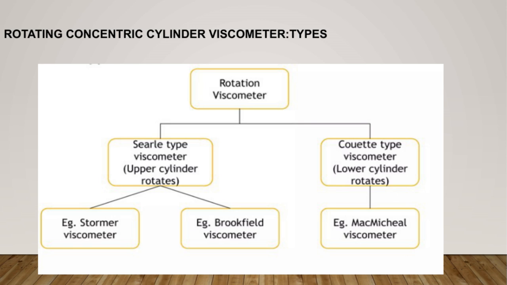Both types involve rotating cylinders, but the way they are used and the kind of data they produce differ significantly. The choice between them depends on the nature of the material and the specific rheological properties we're interested in. So, understanding these types allows us to better interpret the material behavior, which ties into our overall goal of characterizing fluids accurately for various industrial and research applications.